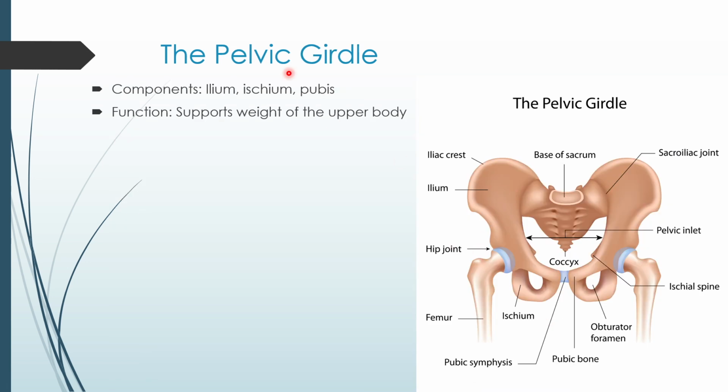What you have in that region is the ilium, ischium, and pubis. What's the main function? To support the weight of the upper body, and a secondary advantage is providing enough space for your reproductive organs along with their protection.